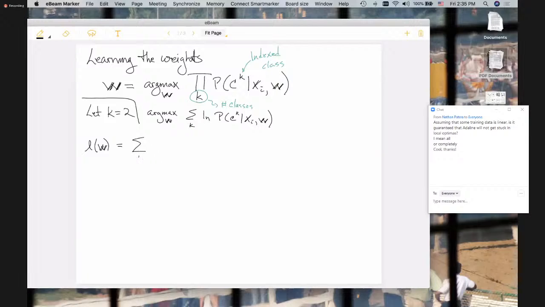Now here, we're going to sum over all of the examples in our data set. Actually, let me make that explicit.